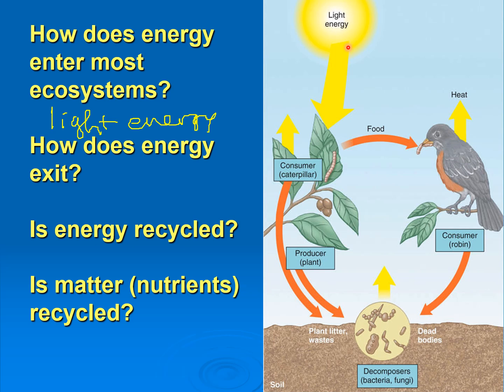Remember that we're not 100% efficient each time we convert from one form of energy to another, and each time we're going to be losing some heat energy. So eventually all of this light energy is going to exit the ecosystem as heat energy.